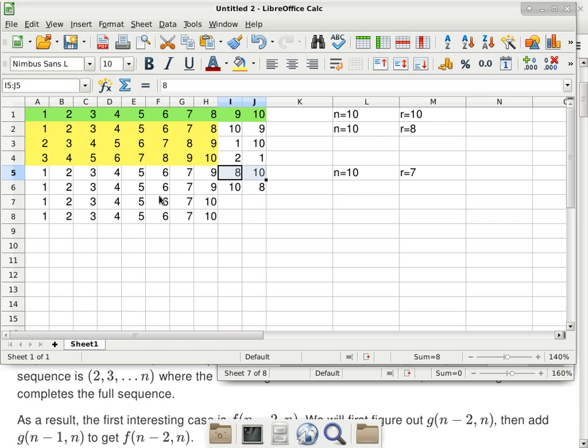So within these 2, the number of ways to arrange these 2 positions is 2 factorial, because we have two possible choices, and any permutation of those two numbers will work out just fine. Because they cannot continue the sequence already, because the sequence is broken by the 9 in this case.